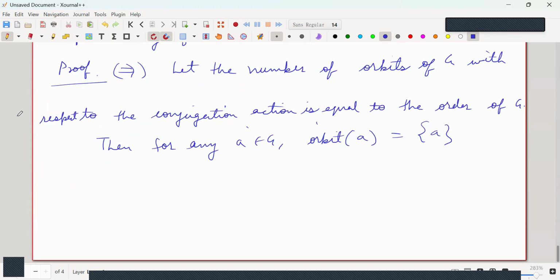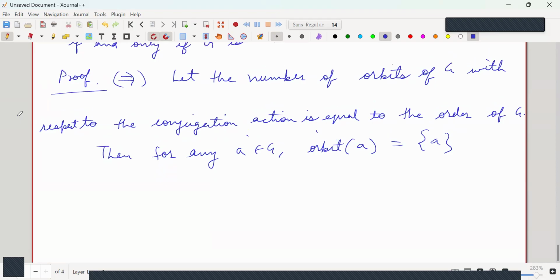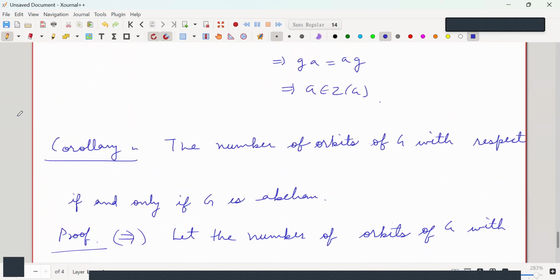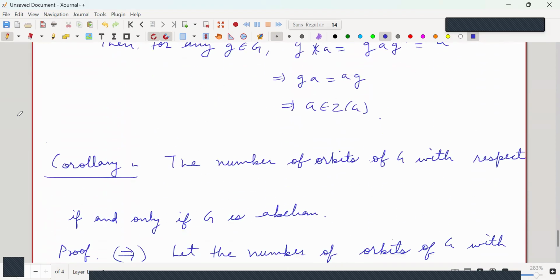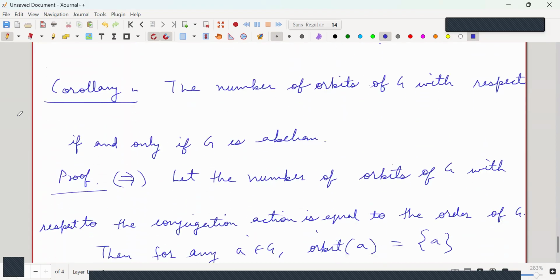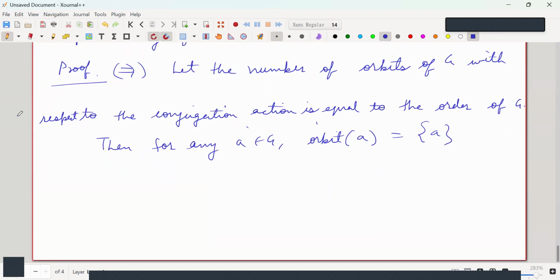Okay. And definitely there is at least one element in the orbit, because if you take g to be identity, then a is mapping to a itself for any action. That was the first rule of group actions. The first rule says that a is always inside the orbit.